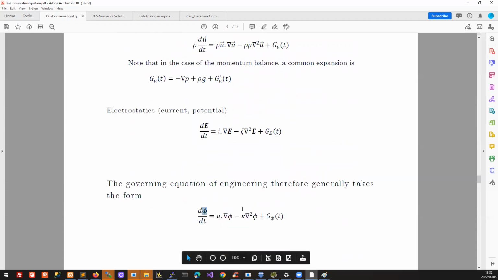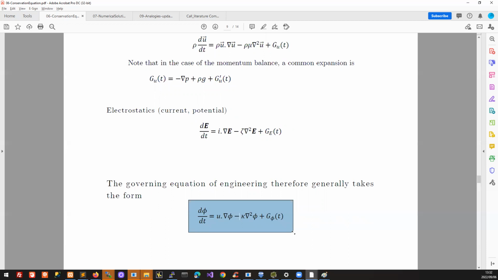And we have the rate of change of that phi being related to a convection concept and related to a diffusion-like concept. So if you like, this equation represents all of the changes in a continuous space. And this is considered one of the achievements of the human mind, being able to describe completely all the changes that occur in a space.